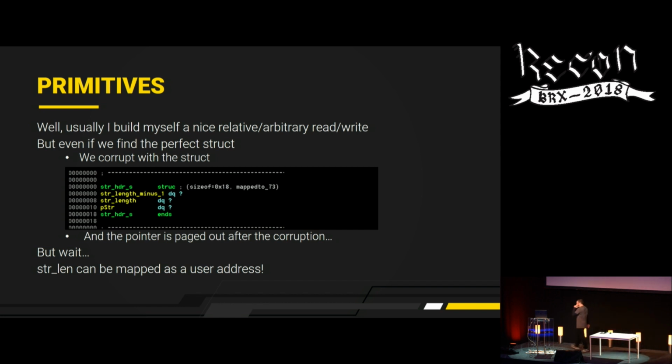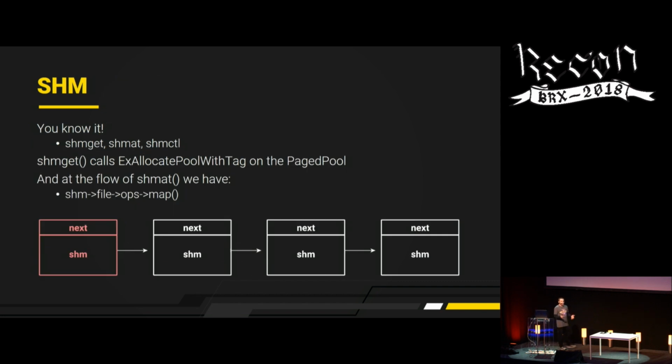And now it's the time to meet my new girlfriend. It's the shm object, the shared memory from Linux, okay? You all know it: shmget, shmctl, shmat. And actually, it's pretty interesting because the Windows kernel tracks those objects in a linked list. At offset 0, they have the next pointer, and this just creates a linked list on the paged pool.